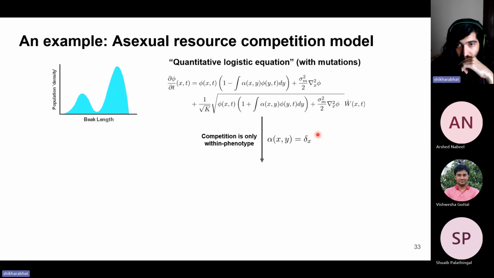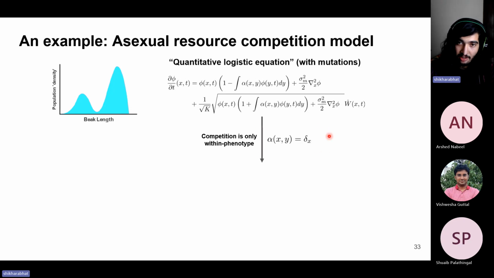Remember alpha(x,y) is the effect of y on x. And by saying that it is delta, I am saying that y affects x if and only if they are the same. And of course, you can scale it by a constant or some functional form. But for simplicity, let's assume it's just this.